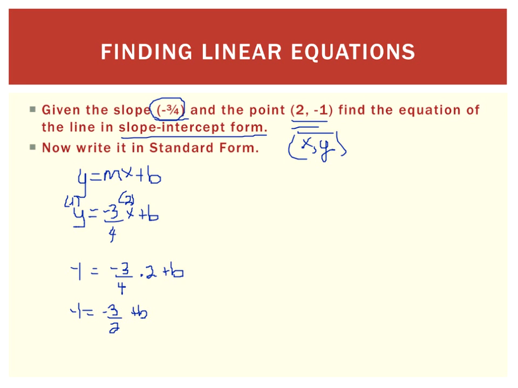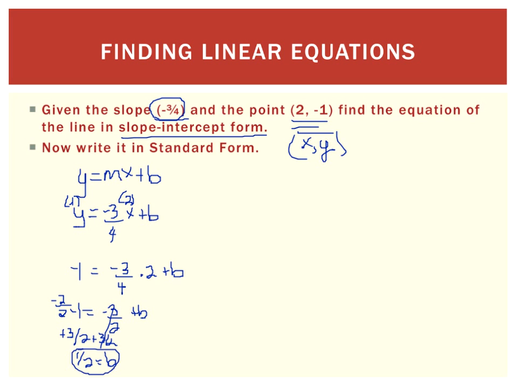Then I would need to add 3/2 to both sides. And in adding 3/2, negative 1 plus 3/2, well, I could consider negative 1 as negative 2 over 2. Okay, so negative 2 over 2 plus 3 over 2 is 1/2. B equals 1/2.